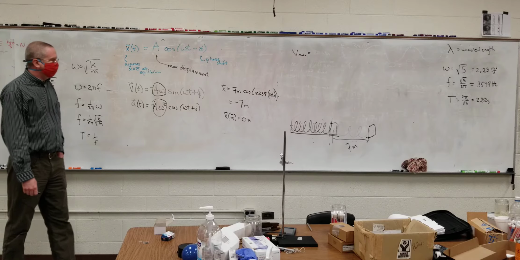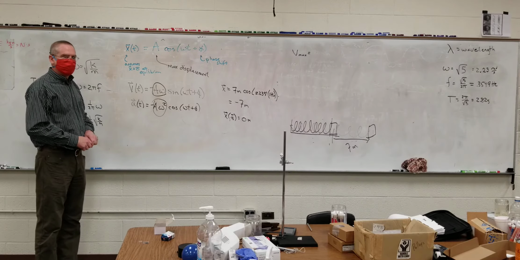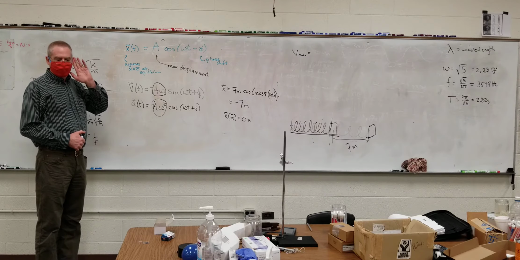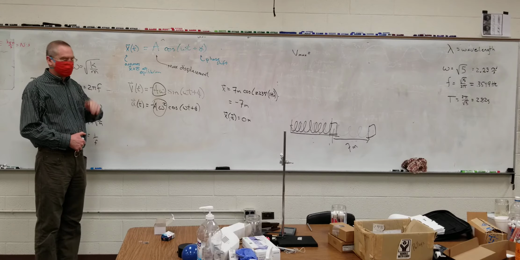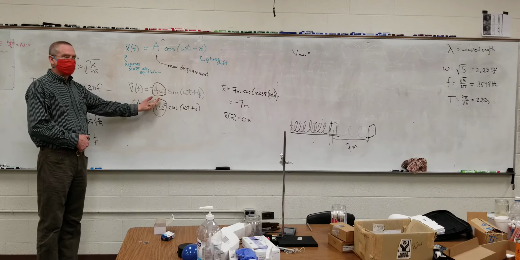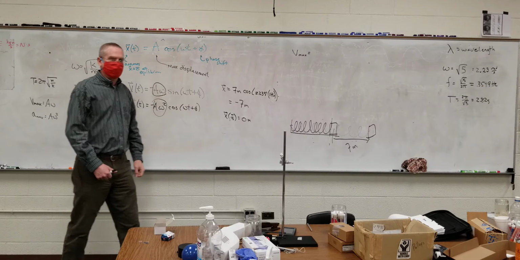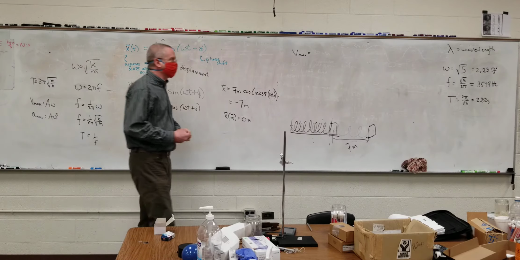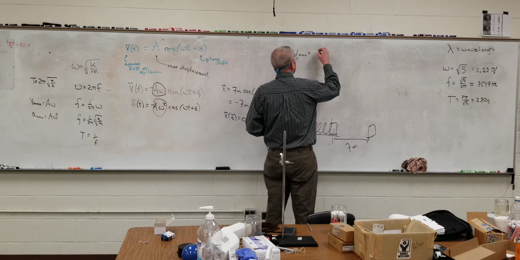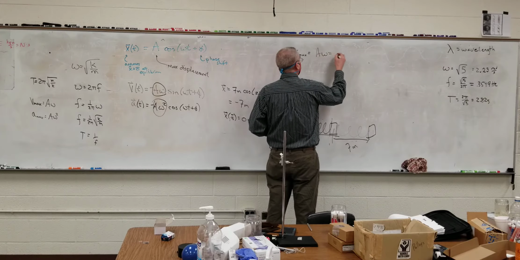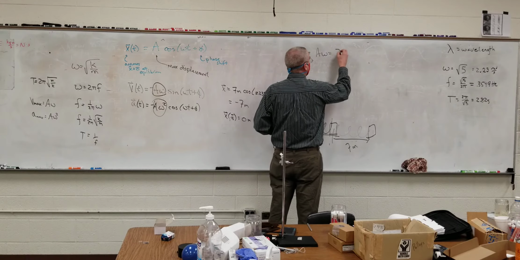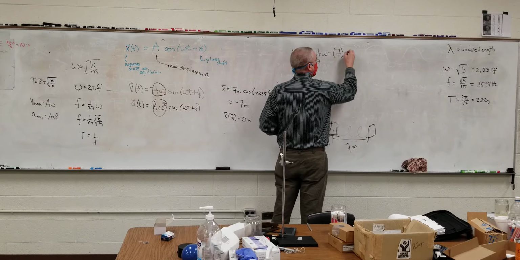Max displacement times angular frequency. Say it one more time. Maximum displacement, or the amplitude times angular frequency. Yeah, right there. The amplitude is the maximum value for a cosine and sine curve. So it's just A times omega, which is, my amplitude was 7, and omega was square root of 5.